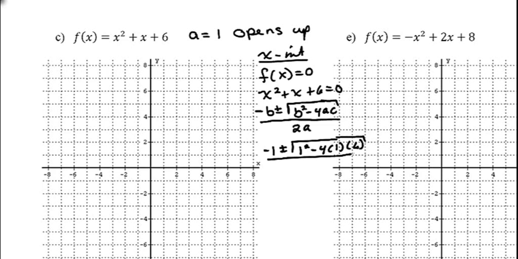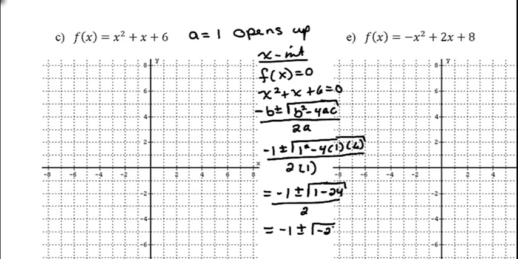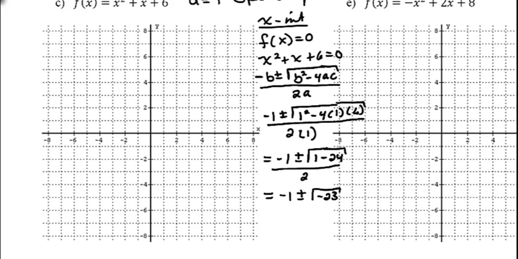And this all gets divided by 2 times a, and a for us is 1 this time. So we have negative 1 plus or minus the square root of 1, 1 squared is 1, and then minus 24, all over 2 times a, which is 1. So we get 2 in the denominator. So that's negative 1 plus or minus the square root of negative 23. So 1 minus 24 is negative 23.